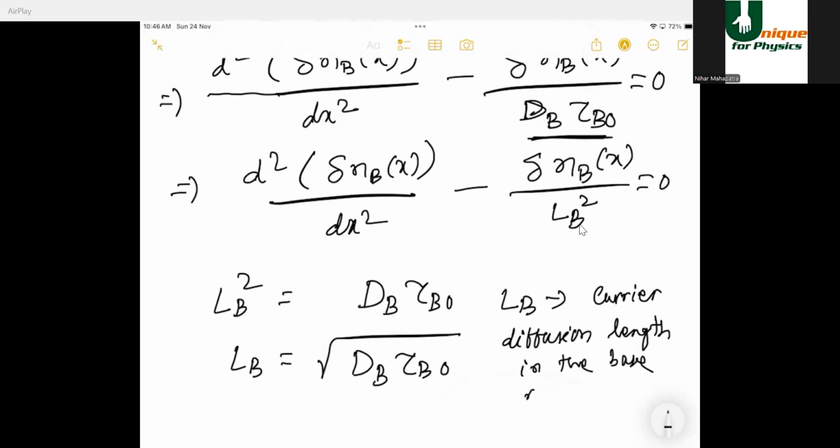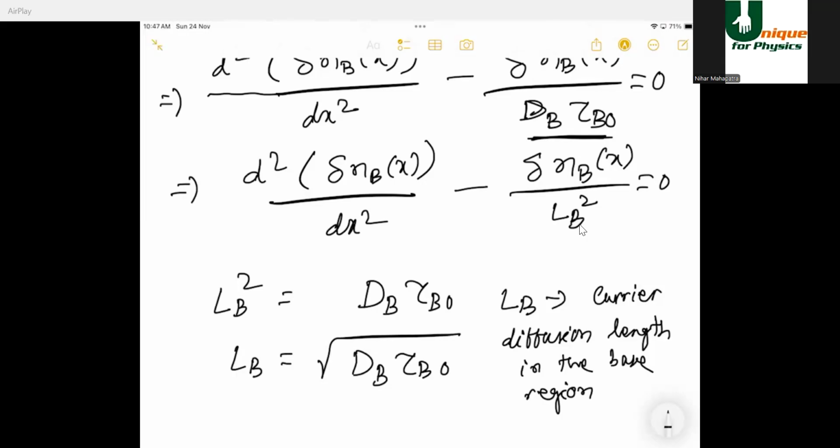So what does it mean? Basically, dB gives us the diffusion coefficient, so how well the minority carrier can enter inside this base region. And tau b0 gives us till what time it will exist. So if I multiply dB and tau b0, this factor is associated with the diffusion length, till what distance the minority carrier can enter in the opposite region.